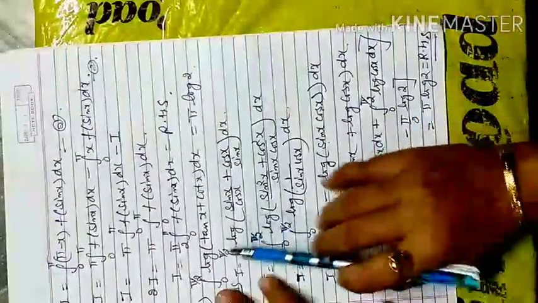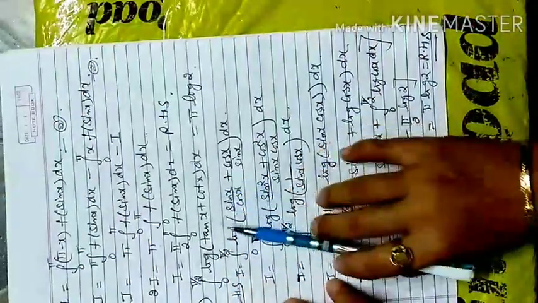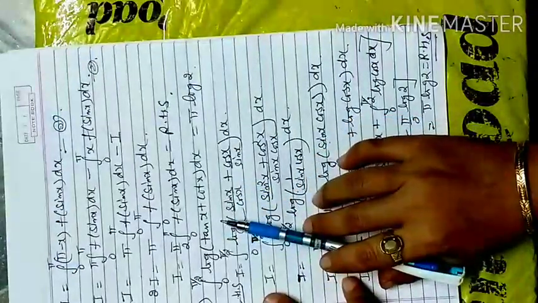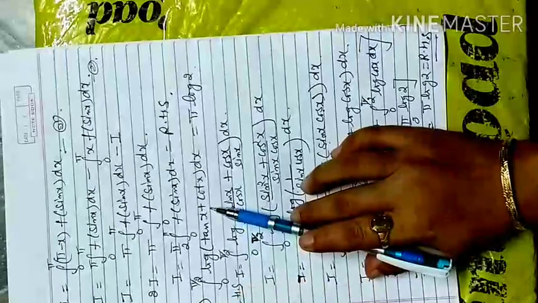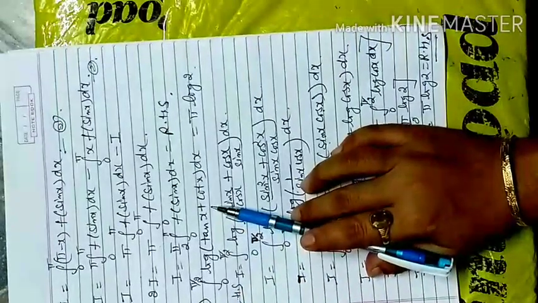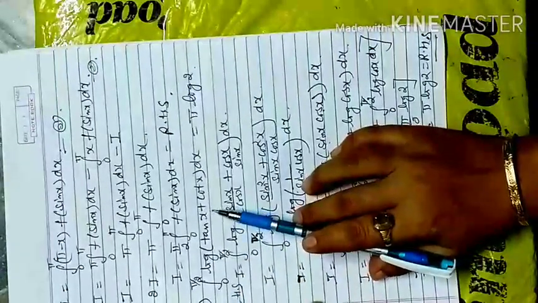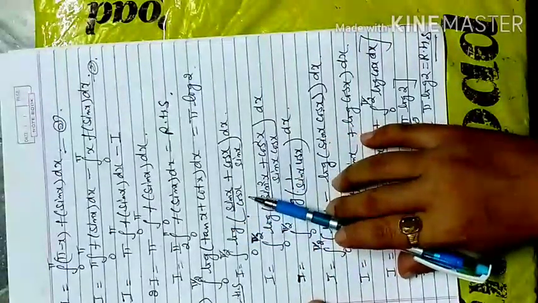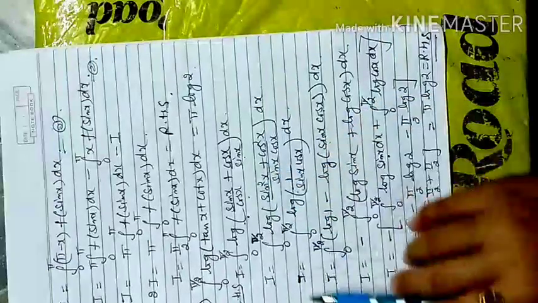So I repeat it again, log of tan x plus cot x. If you try to apply the a minus x property here, what will happen? The question will be exactly the same, so there is no change in the question. So in that case, first we will open tan x and cot x as sin x by cos x plus cos x by sin x.